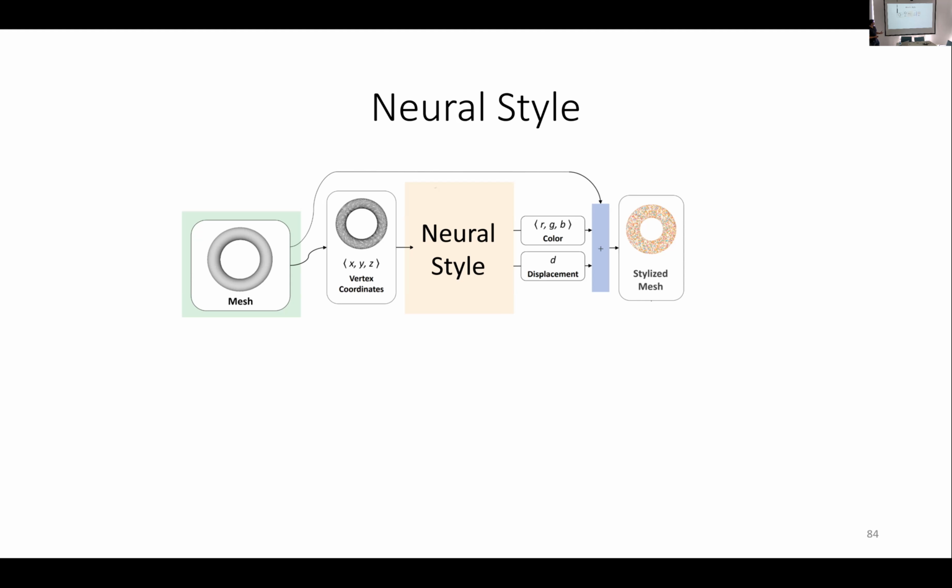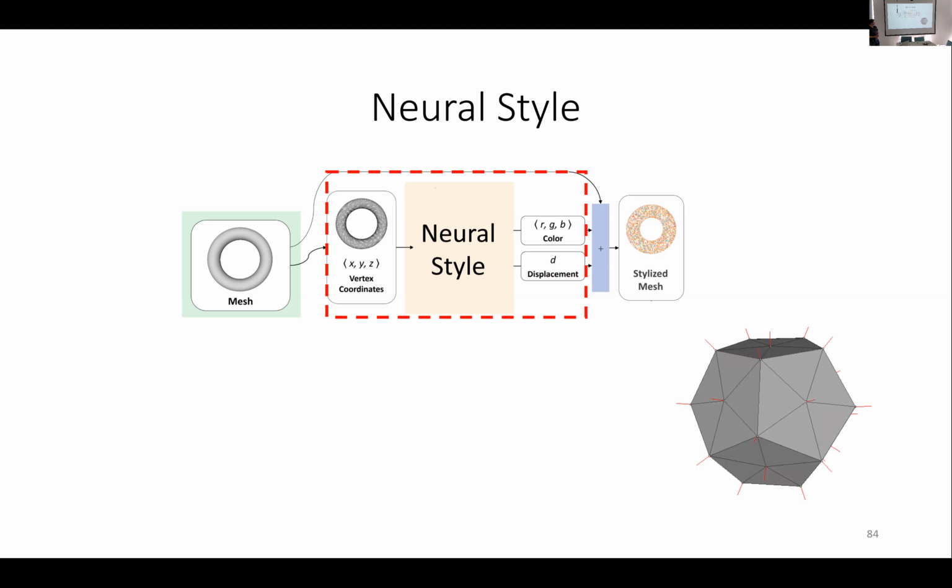In particular, it's a neural network that takes as input spatial coordinates, in this case X, Y, Z coordinates, and outputs a style. What is a style? A style is both an RGB color for every point, as well as a displacement value. A displacement is basically this: you can consider the normal of each vertex, and you walk a distance d along that normal to get a new vertex.